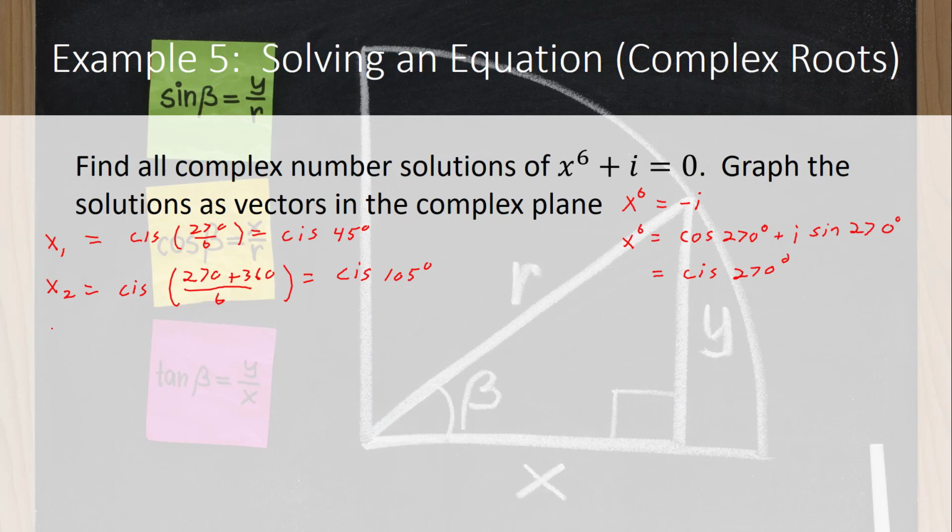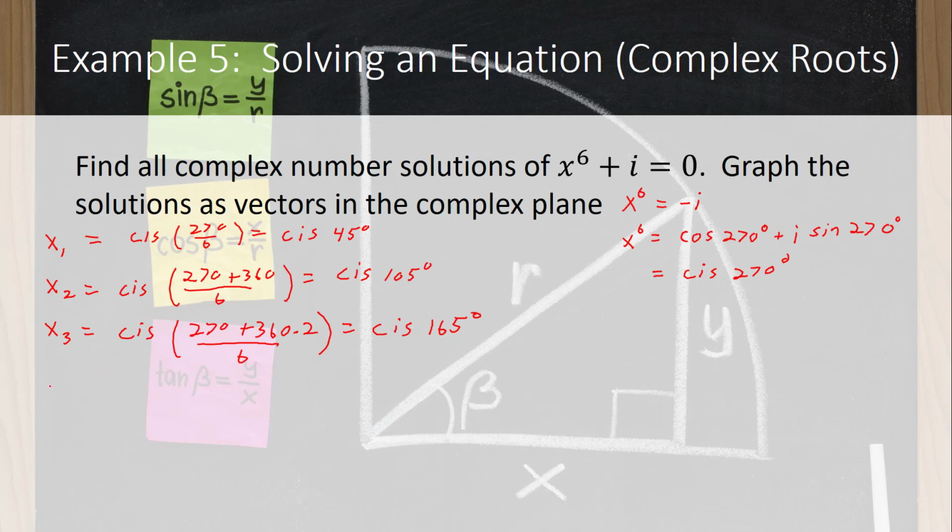The third one will be CIS of 270 plus 360 times 2 over 6, and that will give us an angle of 165 degrees. And you'll notice that basically all the numbers are the same. It's just that the angle increments by 60 degrees.